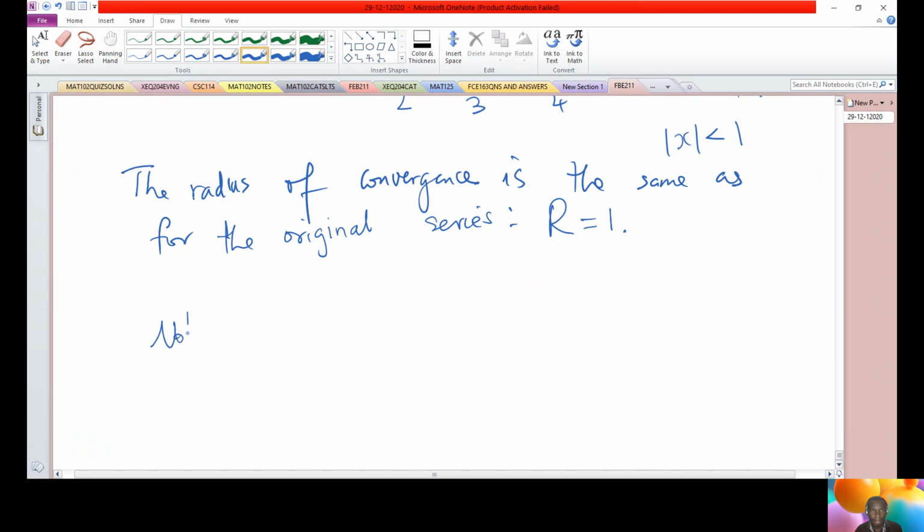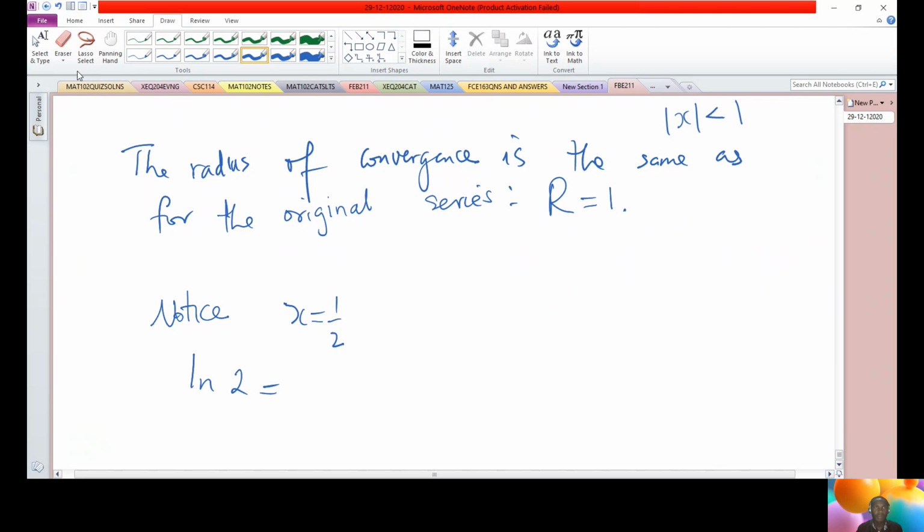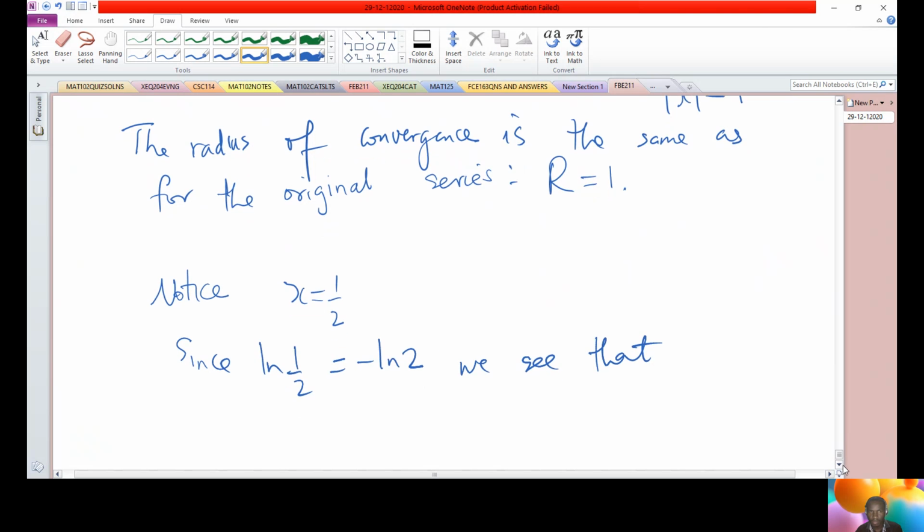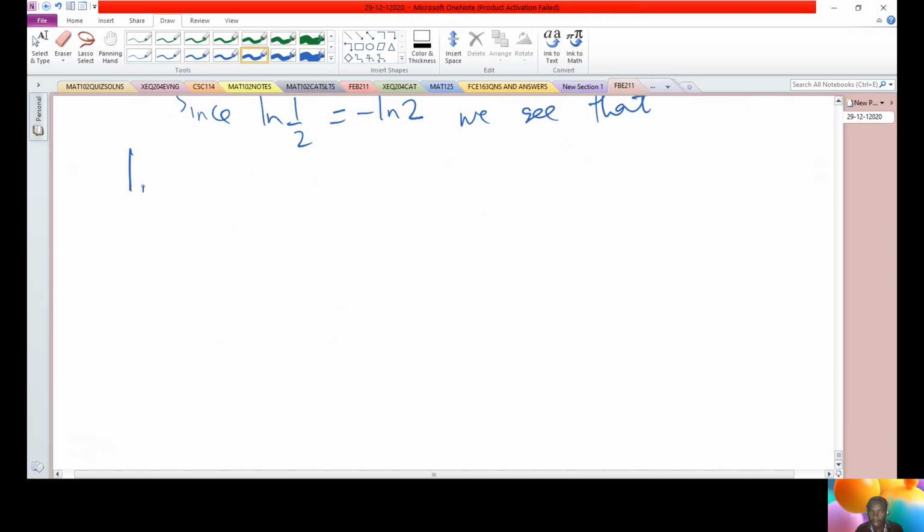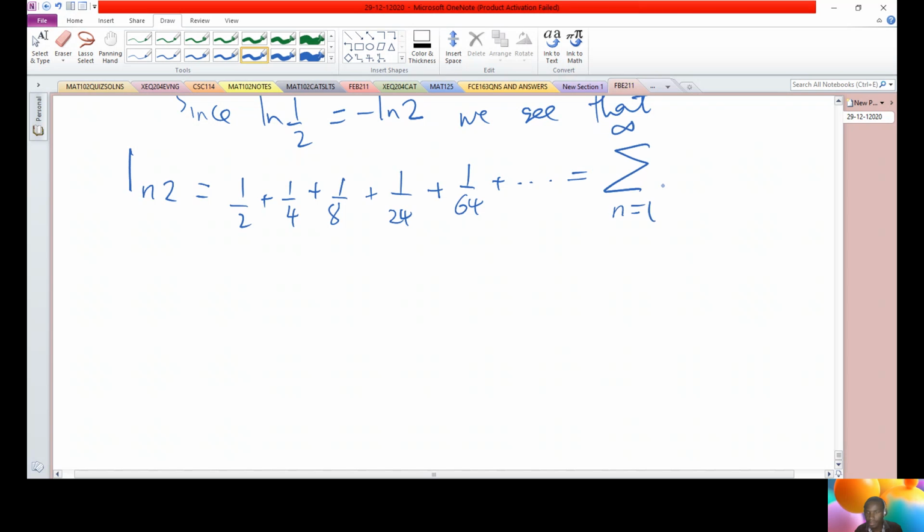So notice that when I let x be a half, since ln of a half is the same as minus ln of 2, we see that ln of 2 is given by a half plus a quarter plus 1 over 8 plus 1 over 24 plus 1 over 64, which is the same as the summation n from 1 to infinity of 1 over n times 2 to the power n.